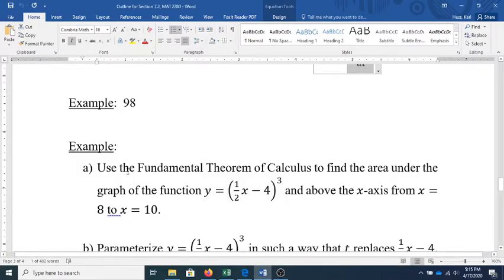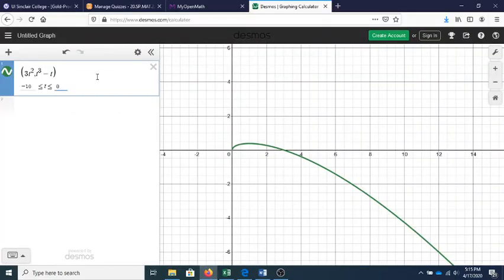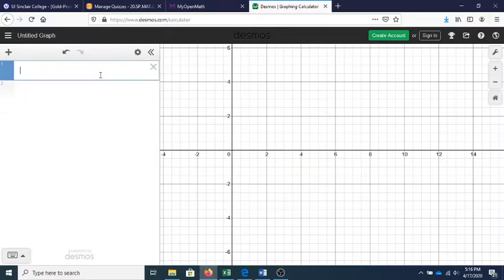So, next example. Use the fundamental theorem of calculus to find the area under the graph of y equals (1/2 x minus 4) to the 3, and above the x-axis, from x equals 8 to x equals 10. Well, before I actually do that, let's put that graph back up. So we're done with this one.